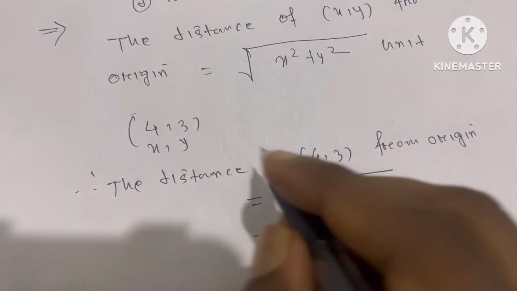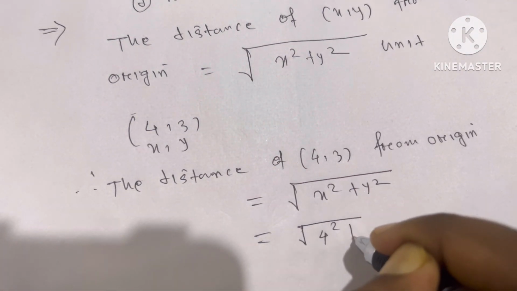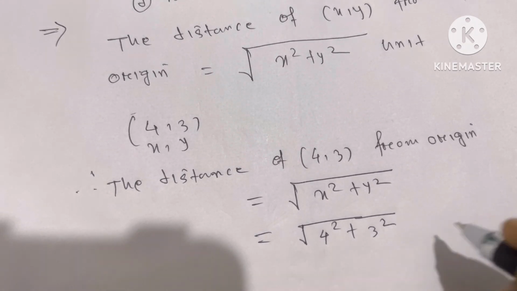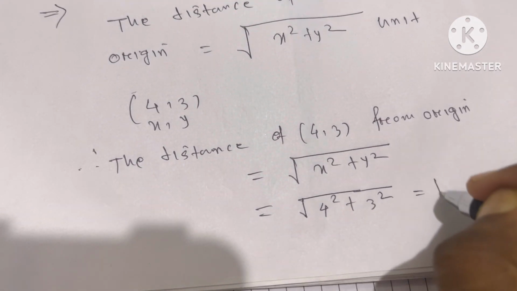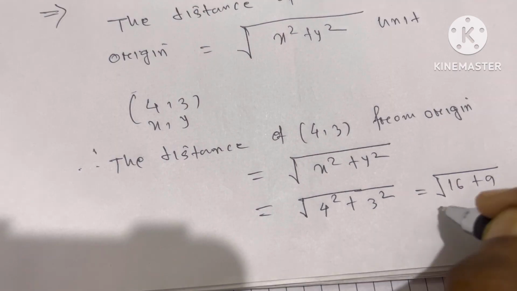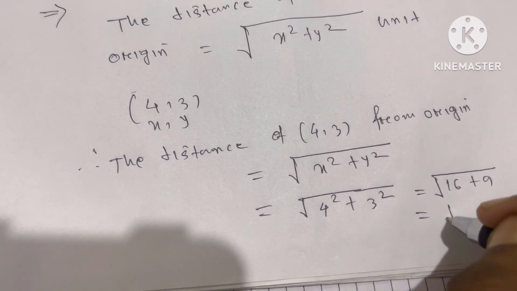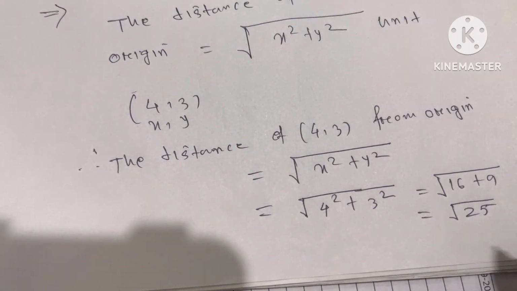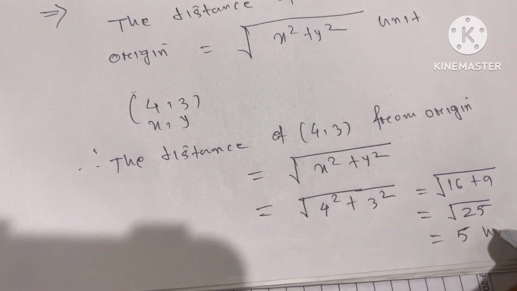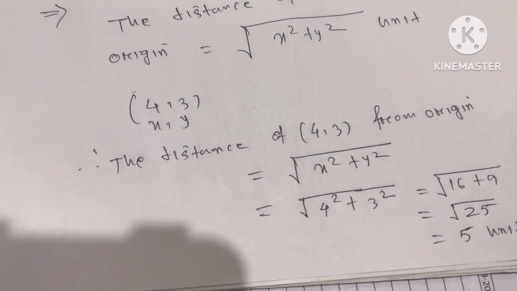So root over 4 square plus 3 square. 4 fours are 16, 3 threes are 9. If we add them, you'll get 25, and 25 is a square number. Also if you find the square root of 25, you'll get 5.